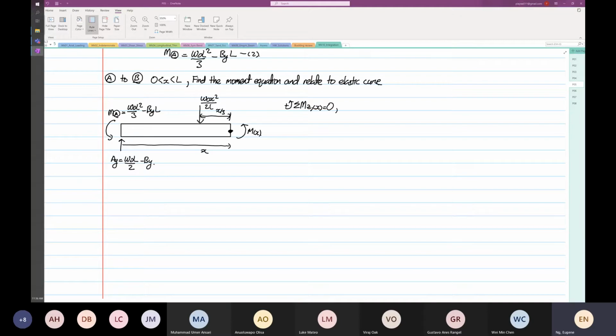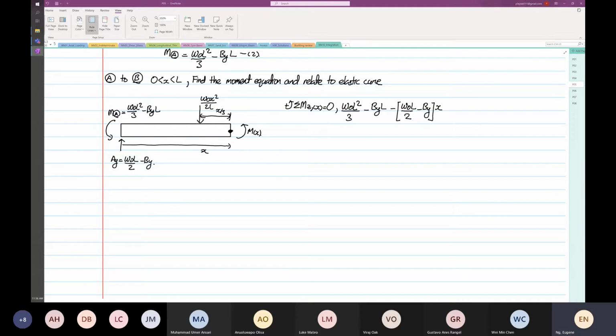So this will be equal to, we have to consider the ω₀L² over 3 minus By L. Then the Ay will induce a clockwise rotation, so minus Ay, or ω₀L over 2 minus By, multiplied by x.